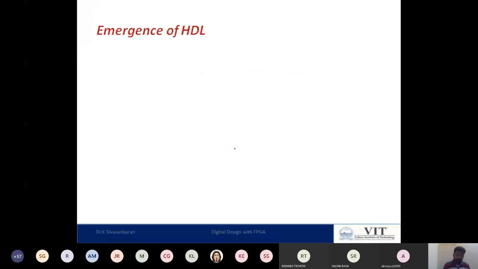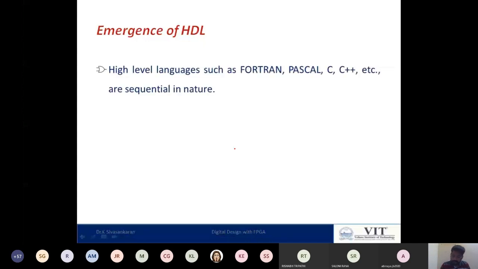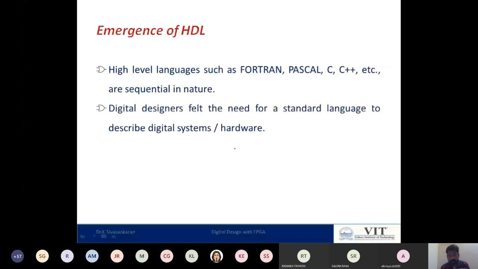Why has this HDL become important, especially in IC design? High level languages like Fortran, Pascal, C, C++ are sequential in nature, whereas HDL is concurrent in nature. The designer needs to have a standard language to describe all digital systems. One is working on schematic based, the other is working on some other design entry procedure.